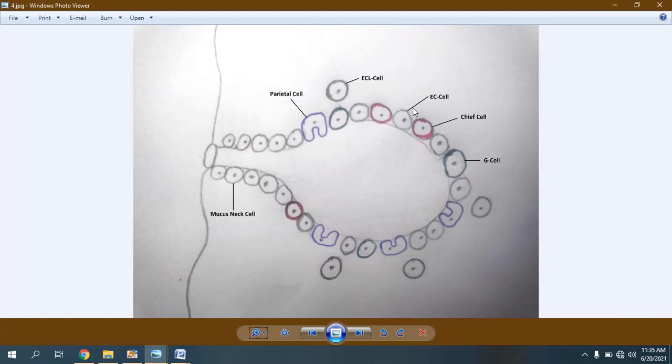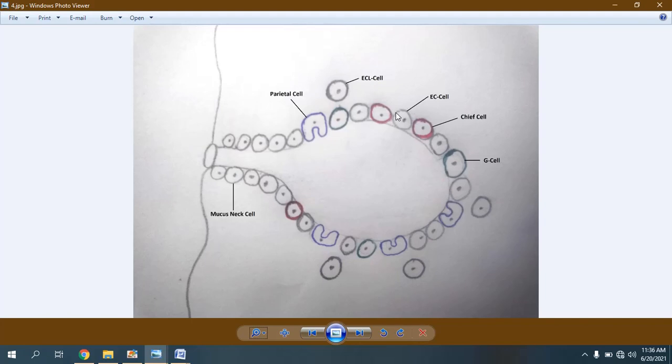In some animals like mammals, the chief cell is also responsible for the secretion of rennin, R-E-N-N-I-N. Rennin is responsible for the breakdown of milk protein in those animals. These cells are not responsible for secretion of rennin in the human. This is responsible for secretion of pepsinogen in human beings.